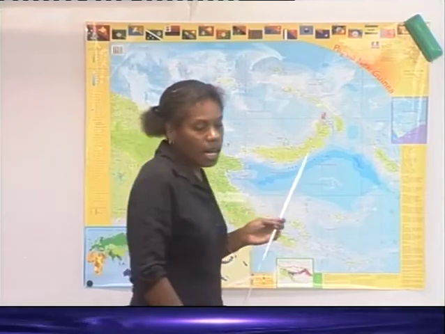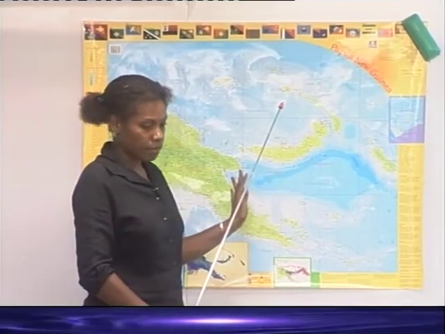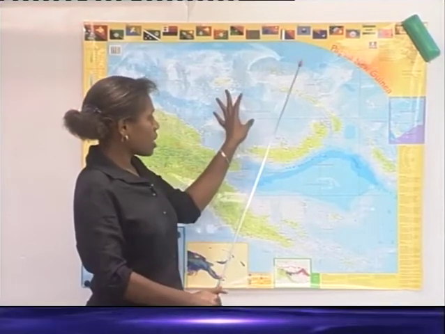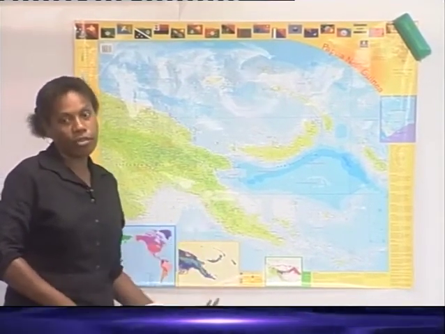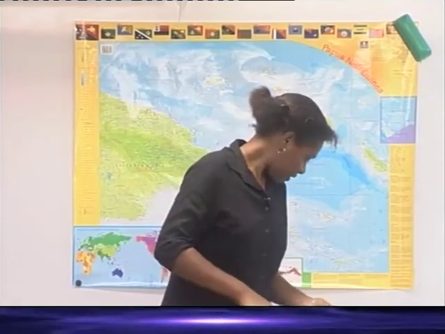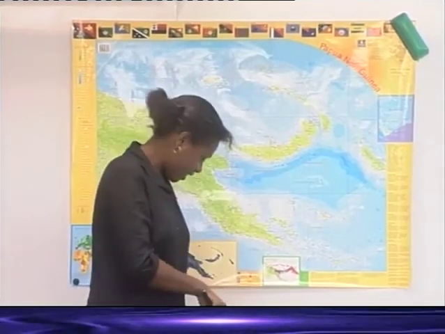Receiving students? All right, PNG is something of Cairns. PNG is up here and Cairns is down there. So PNG is north of Cairns. Cairns is not here, but let's just say on the map.